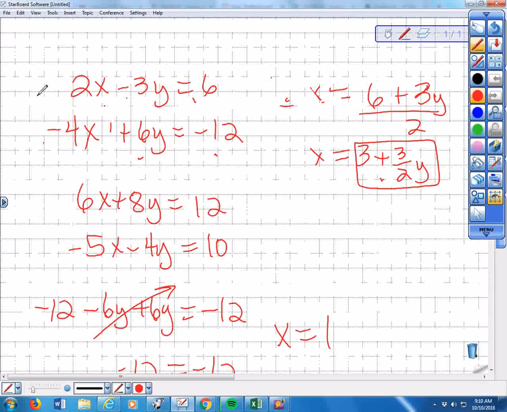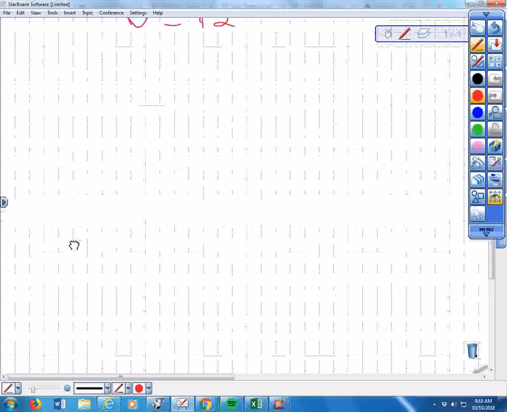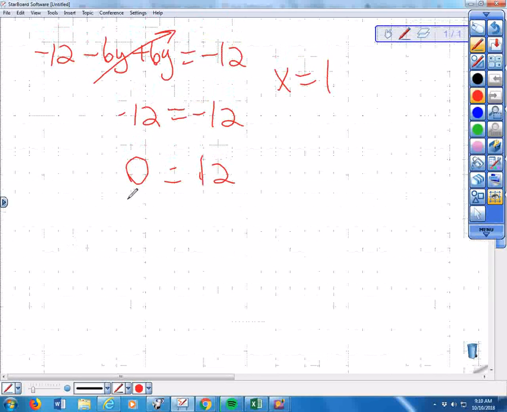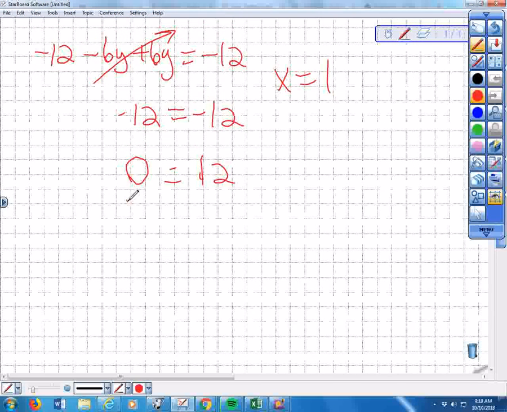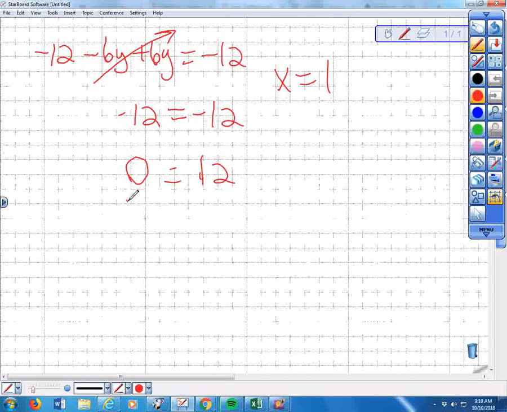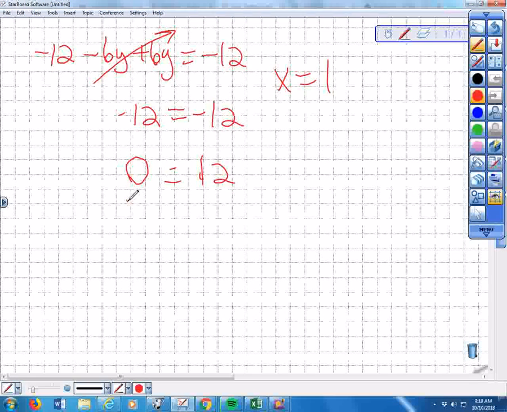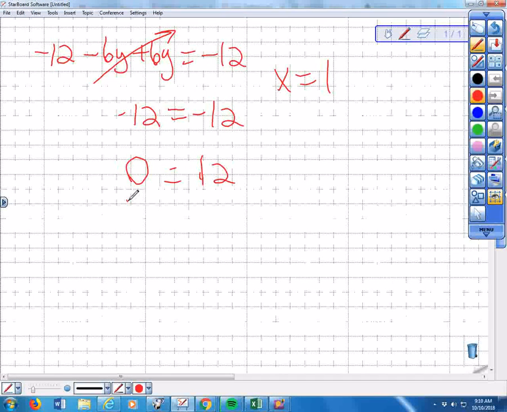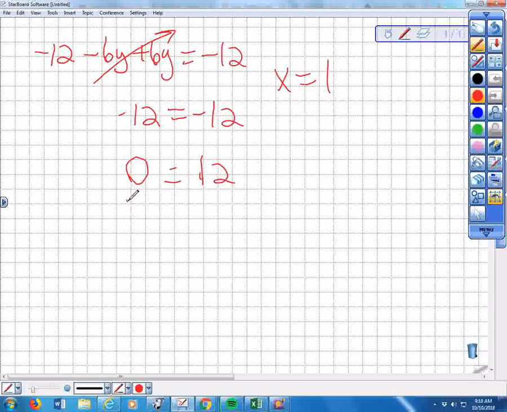Okay? If we go down to our answer, and when we finish our math algebraically, and I get this, or any other kind of answer that makes no sense, 1 equals 3, 7 equals 10, that tells me those two lines started out as parallel lines, and there's no solution, which makes sense. If 6 equals 12, makes no sense. That's not a solution.